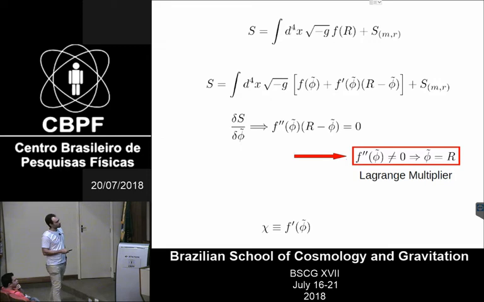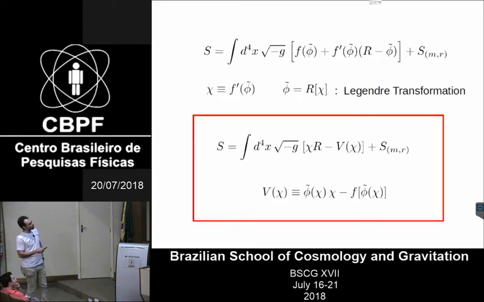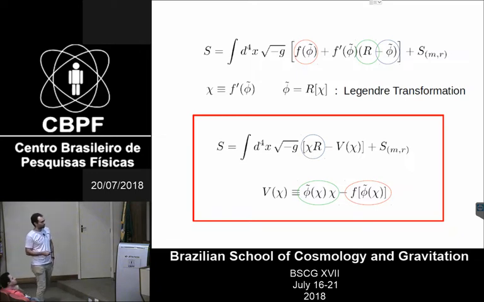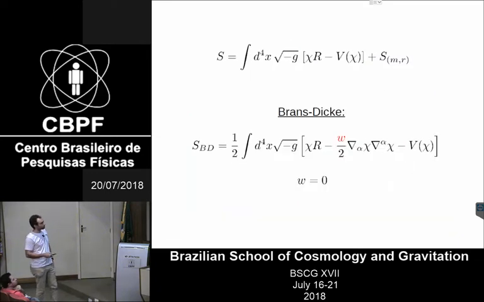And then I'm going to rewrite f prime as chi, just a definition. So I can write this expression like this, right? So this is just a replacement. Tilde phi is just chi R, and f is inside this potential, and this R, again, f prime times R is written here. So just another definition of variables.